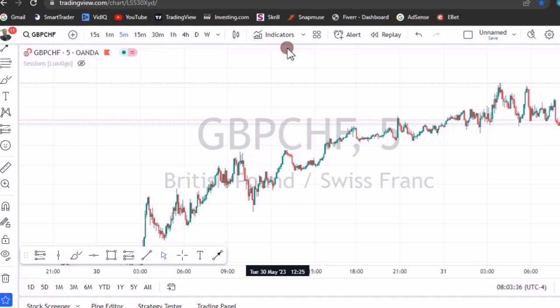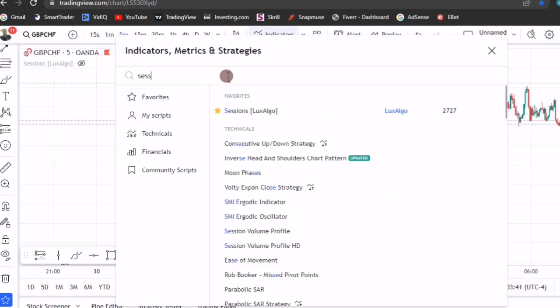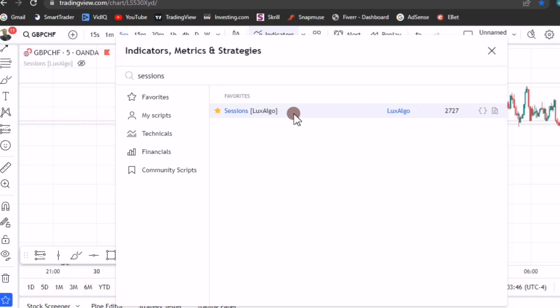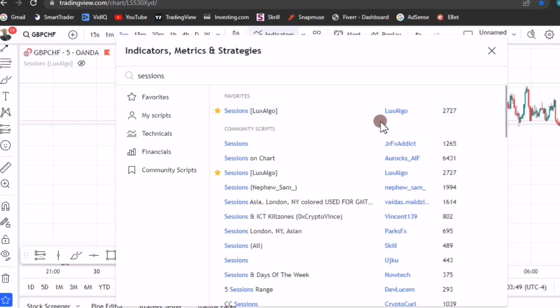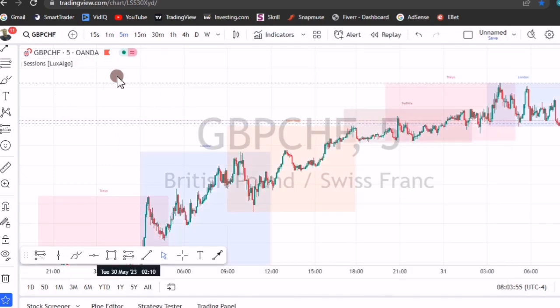Okay, for the sessions indicator, just go to indicators and then type sessions on the search box. After typing sessions, select the first one, sessions by Lux Algo. Okay, once you have selected that one, you have to set some few things so that you have a clean chart. So you go to the settings of the indicator.